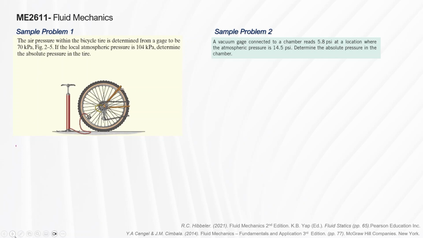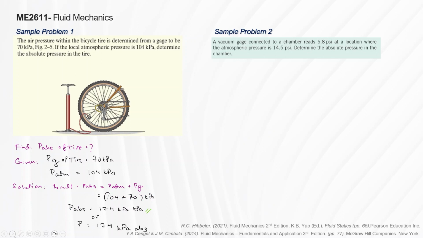All we have to do is recall that the absolute pressure is the sum of the atmospheric and the gauge pressure. So 104 plus 70, that's about 174 kPa. Sometimes it is written as 174 kPa absolute.